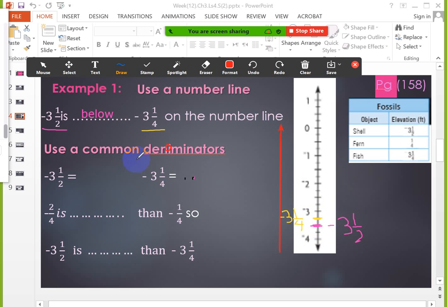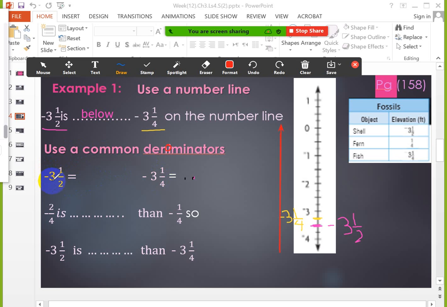Now there is another way to compare between two mixed numbers by using what? Common denominators. Welcome. So you remember to make those numbers the same, I can find the equivalent fraction here. So look, I have here the same whole.